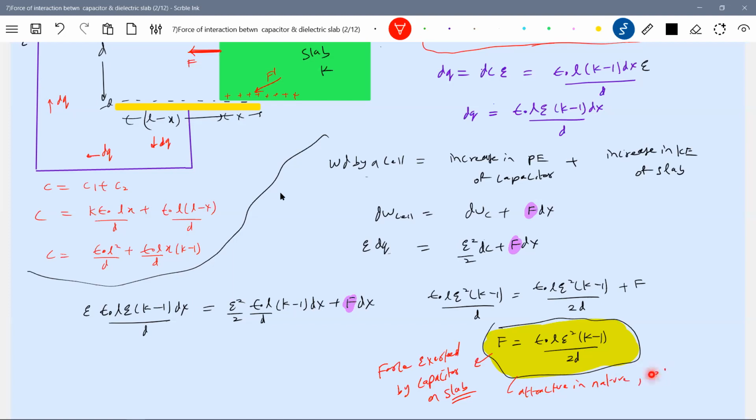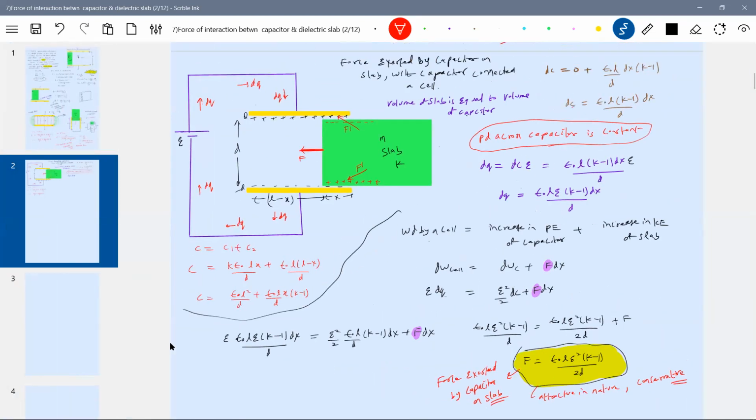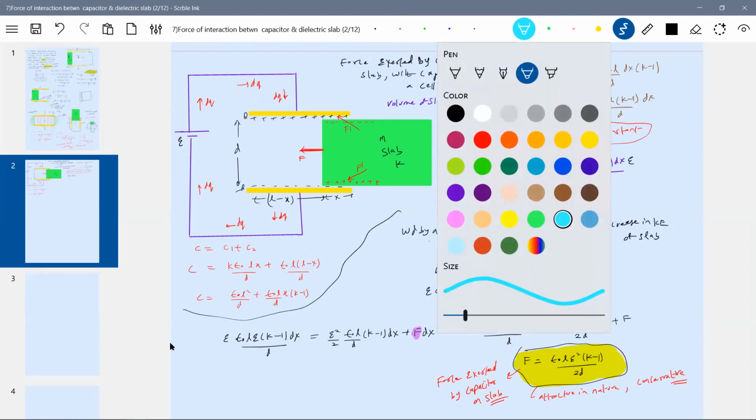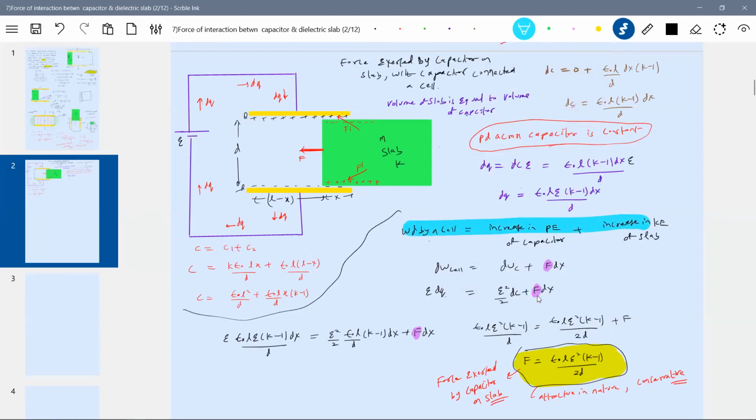Yes, conservative. Is it a constant? Look at all the values. Yes, it's a constant. See the complete description. I think the primary thing is that the whole thing revolves around writing this equation. And the energy aspect is very important.